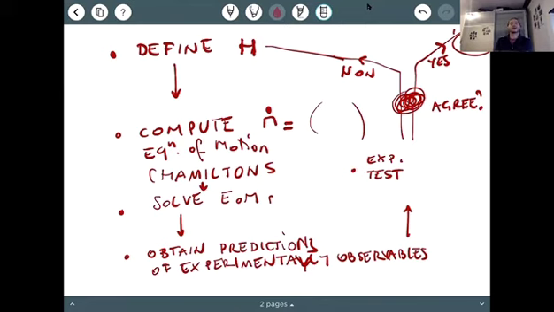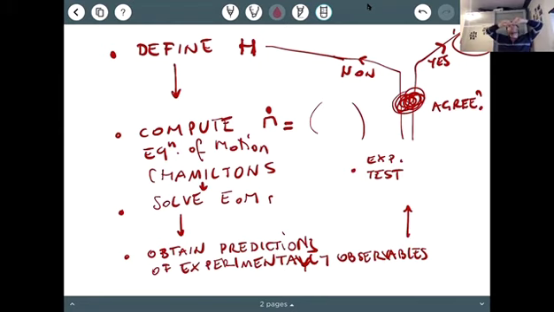So that's the scheme. When I said a physical theory, and I asked the question, what are the ingredients? I mentioned three ingredients, and I only spoke about two. The first ingredient, remember, was a definition of the state of a system.